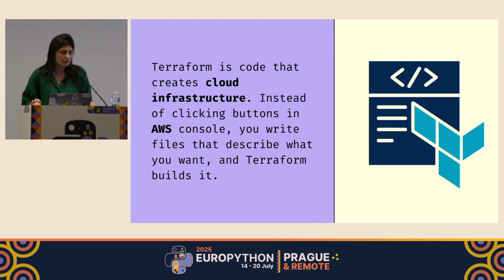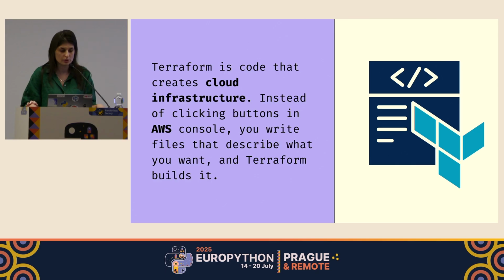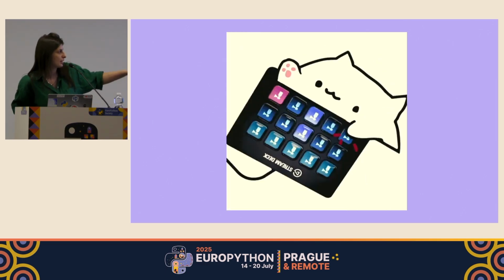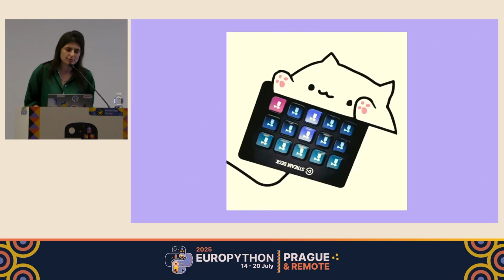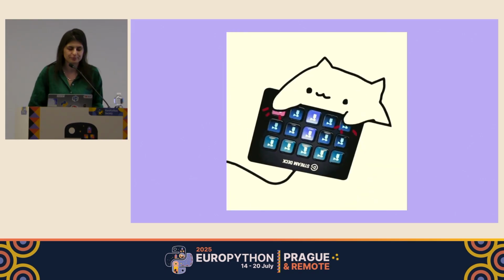And in Terraform files, and today we'll learn how to do this in Python, we declare what resources we have. If we think about Terraform, we can also think about him like this: on a daily basis he just clicks different buttons in AWS, fixes our infrastructure, and thinks everything is fine.